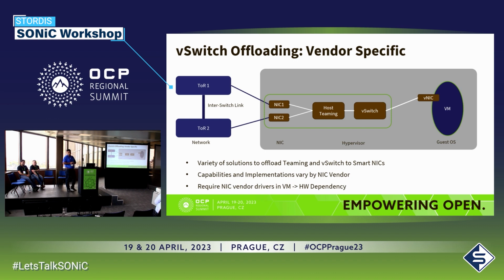Of course, all these are vendor specific, which is another problem. That means vendor-specific drivers have to be embedded within the guest OS or the VM that's distributed by Microsoft. This requires a lot of dependencies and management, which they've been trying to avoid.